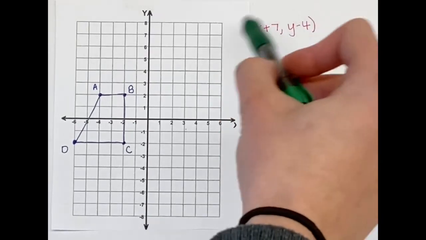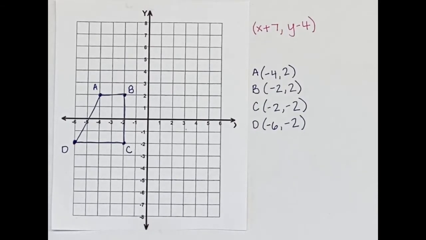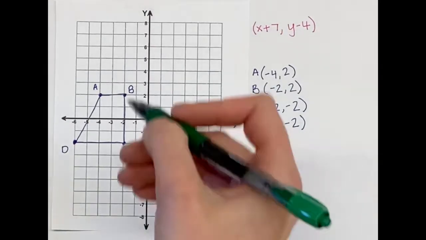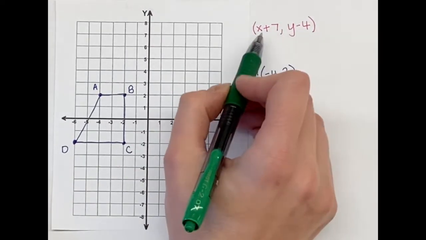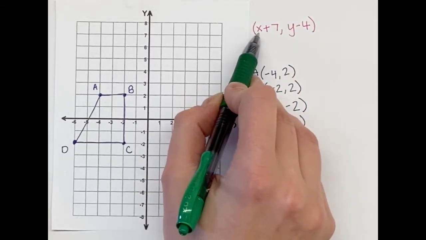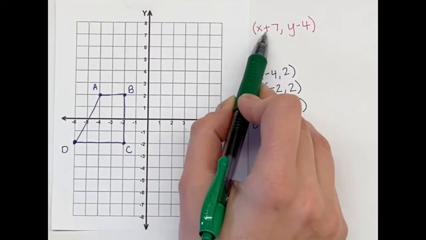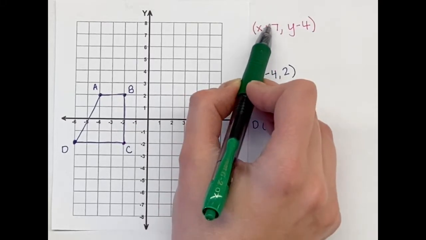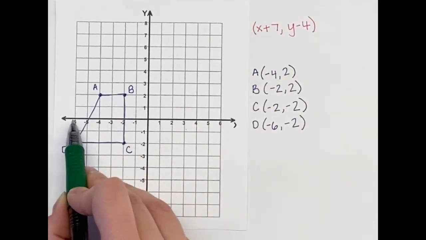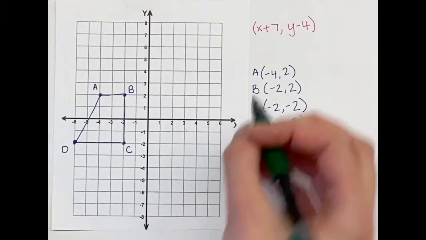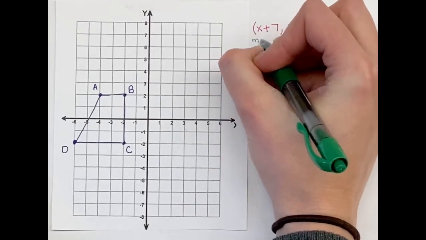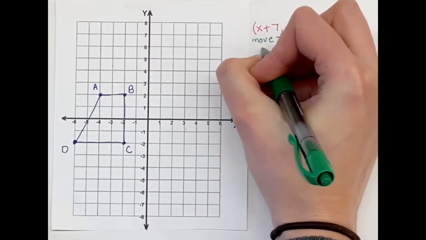This is called translation notation. So like Mrs. Sullivan told us, when we read translation notation, this is telling us along the x-axis, we're going to move 7 units to the right. This plus is telling us we're going to move towards the positive numbers. So we are going to move 7 right.